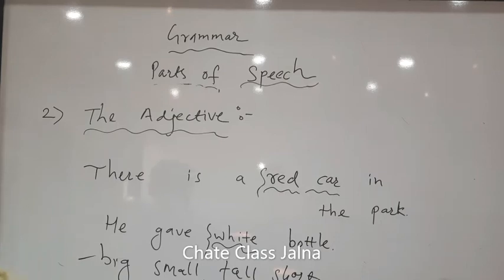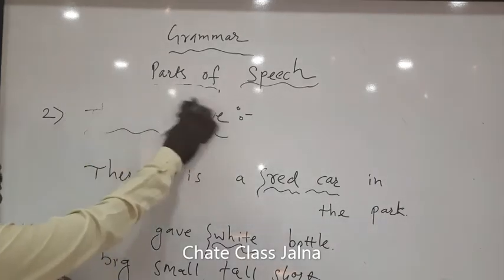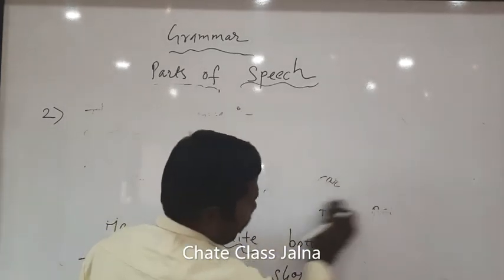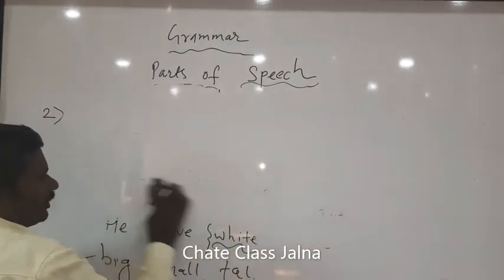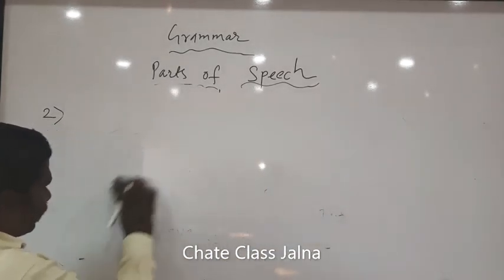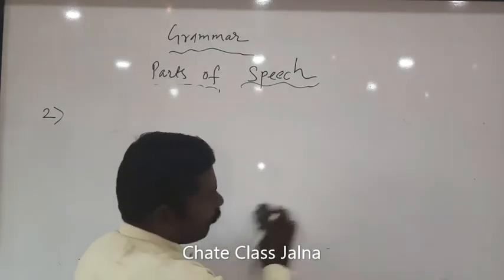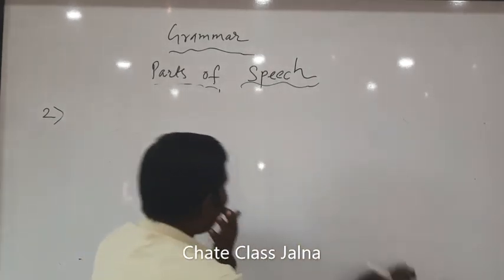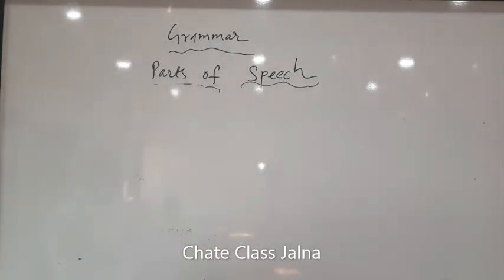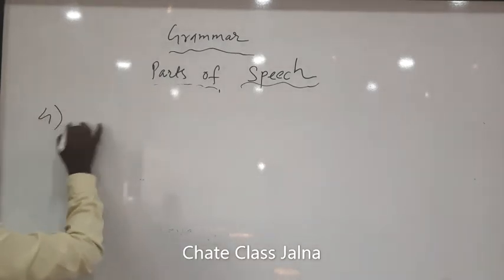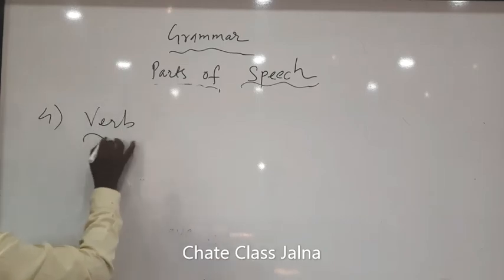The fourth type, the most important part, we are going to learn now: the verb. Without a verb we cannot complete any sentence. Verbs are the souls of sentences.